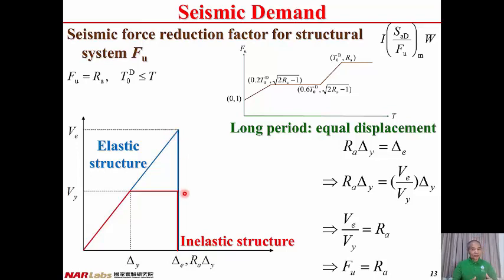If the structure becomes inelastic under earthquake, the seismic force is reduced to Vy. Therefore, VE divided by Vy equals RA. If inelastic behavior is allowed for the structure, the seismic force can be reduced by 1 over Fu, that is, Fu equals RA.